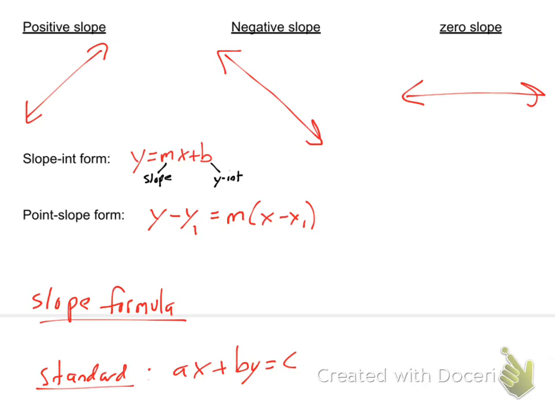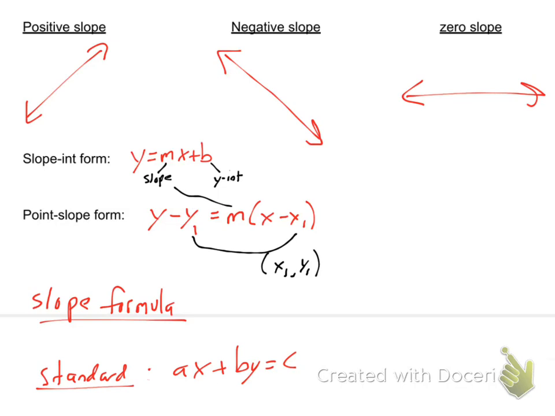So we know that already. But x1 and y1 is the ordered pair that's associated with it. So an ordered pair that's on the line, and slope is still slope. So you're given a point and a slope, so you use point slope.